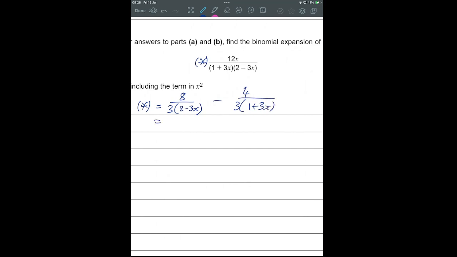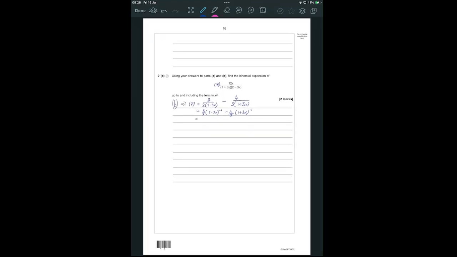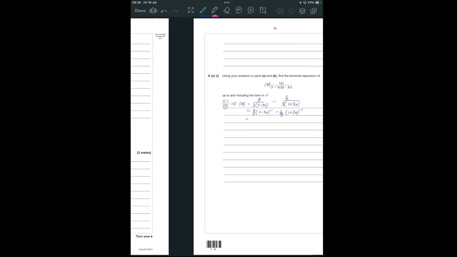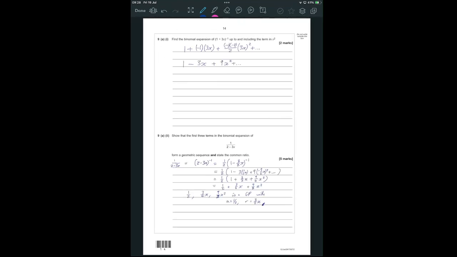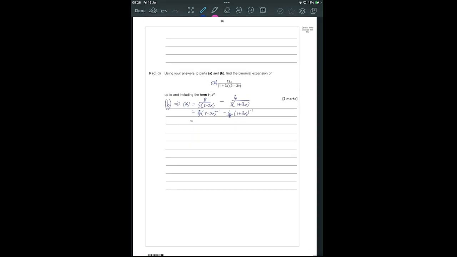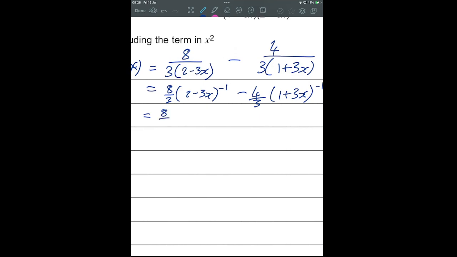And now we can use our binomial expansions. If we need to make it really obvious, we can write these with the power -1. And this is where the paper version will be a lot less chaotic. You don't need to swipe back so frequently. 2 minus 3x was 1/2, 3/4, 9/8.